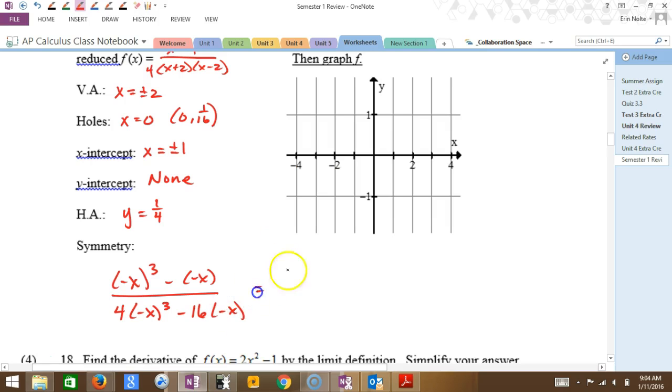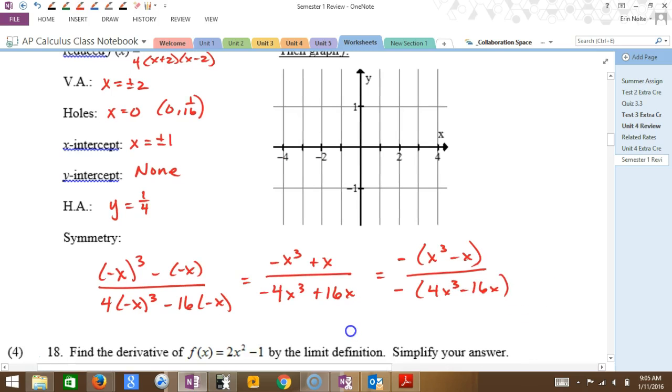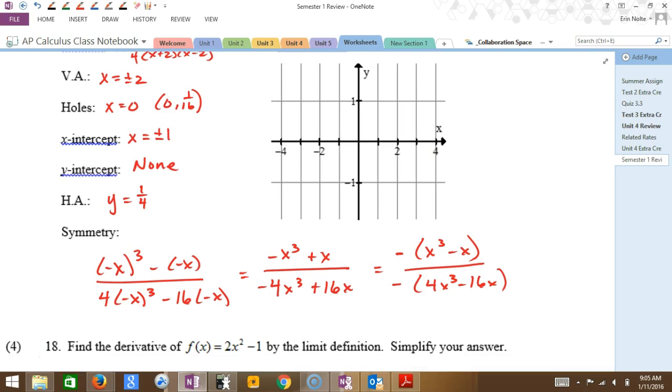So it basically turns into negative x cubed plus x over negative 4x cubed plus 16x, right? And then if you pull a negative out of the top and the bottom, negative x to the third minus x over negative 4x to the third minus 16x, what happens? Yeah, it goes back to the original.